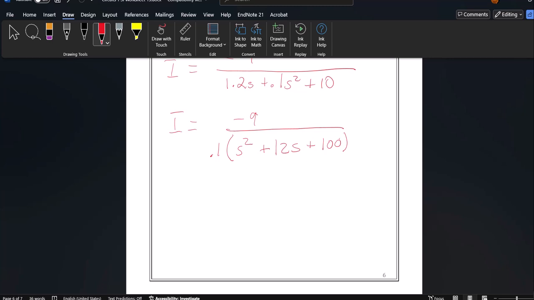And this does not factor. I don't believe it does. 10 and 10 doesn't work. 20 and 4 does not work. Not in a nice way.